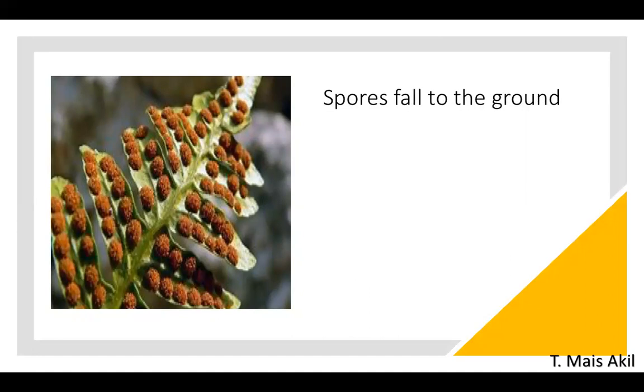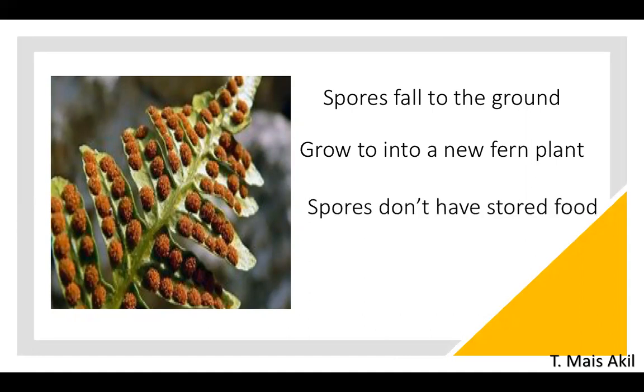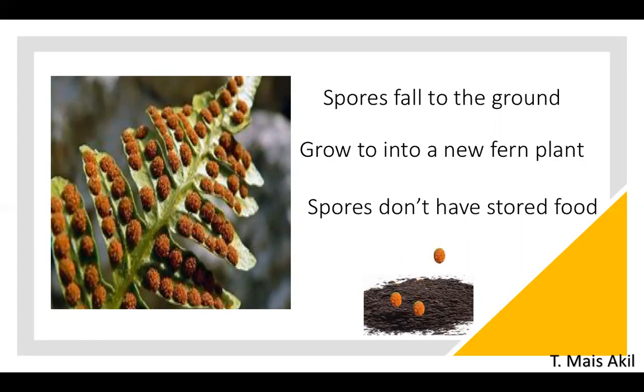Spores fall to the ground. Then they grow into new fern plants. Spores don't have stored food. And as you see, the life cycle of a fern begins with the spores falling to the soil and directly growing into new fern plants.